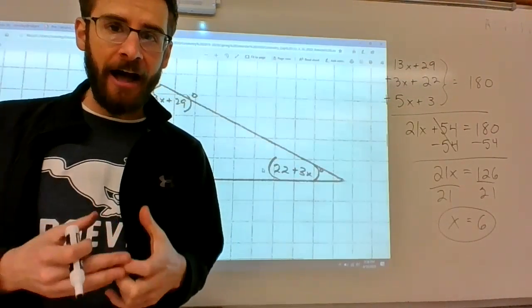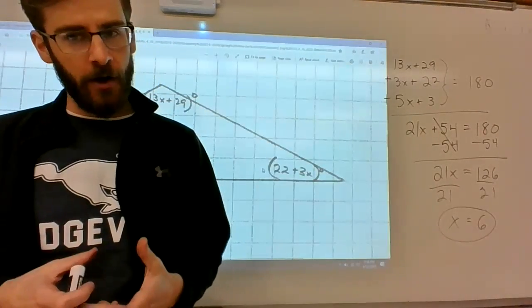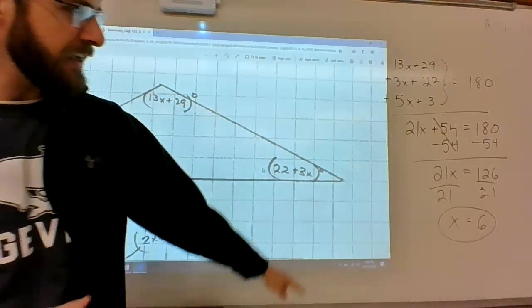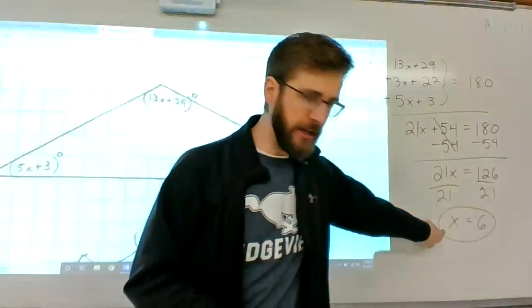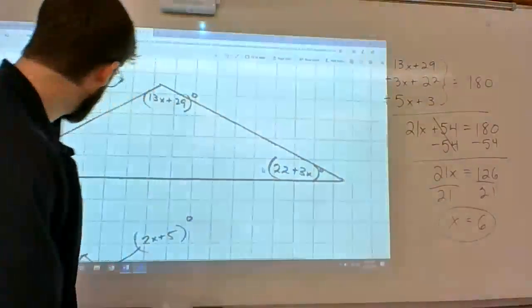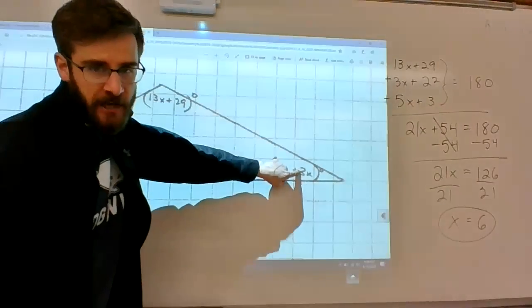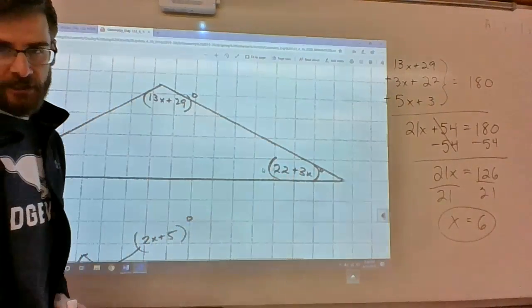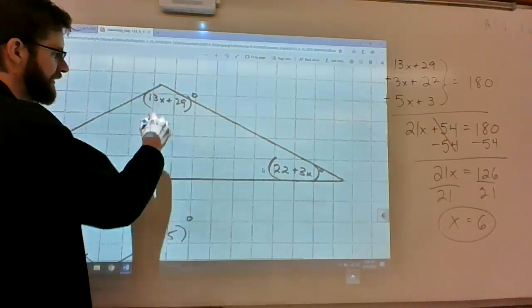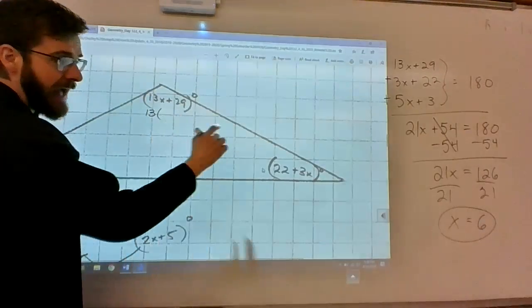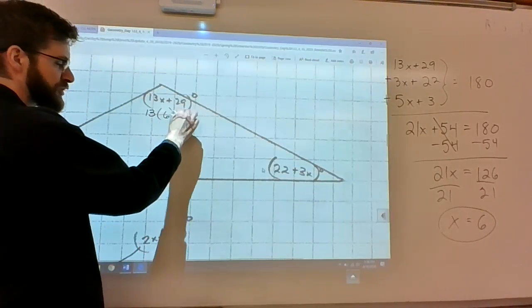They're asking for the value of each angle as well. So here's what you do. You take the 6 that you got here, and you plug it in for the x's in each separate angle variable expression. So this is 13 times 6 plus 29.